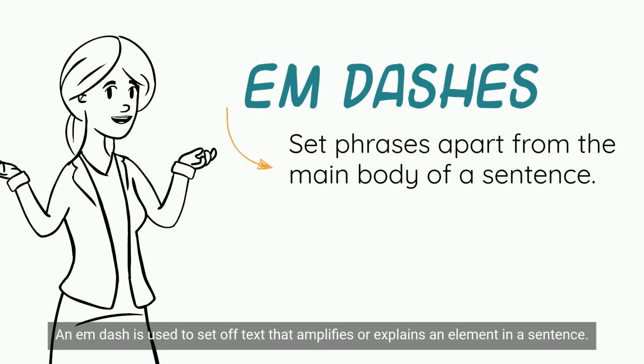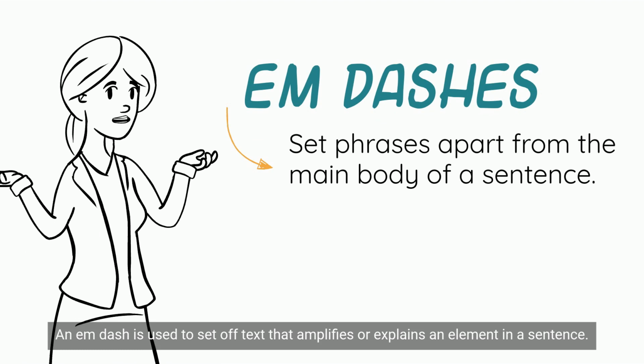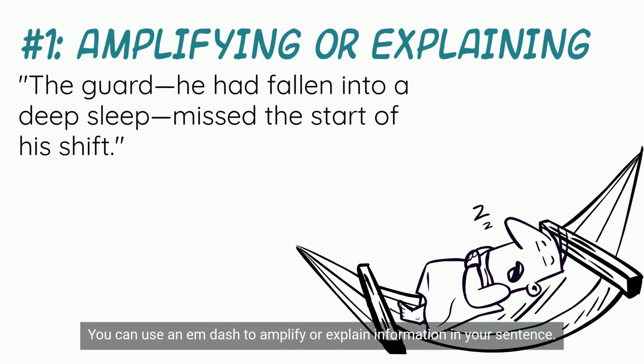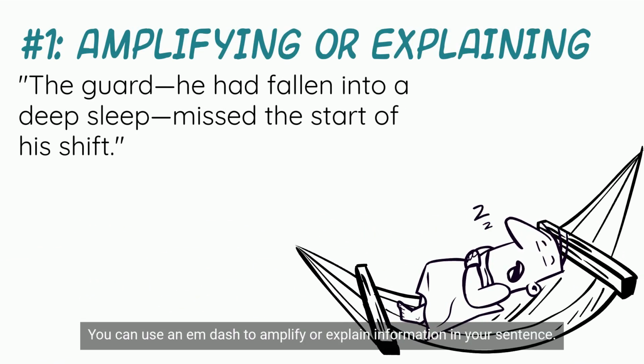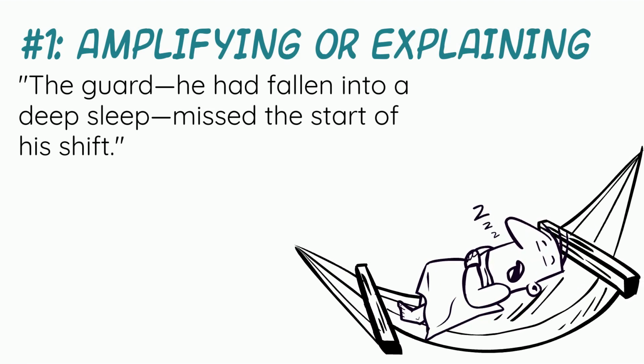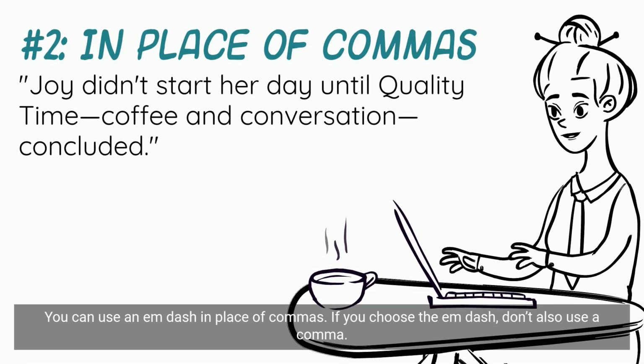An M dash is used to set off text that amplifies or explains an element in a sentence. You can use an M dash to amplify or explain information in your sentence. You can use an M dash in place of commas.